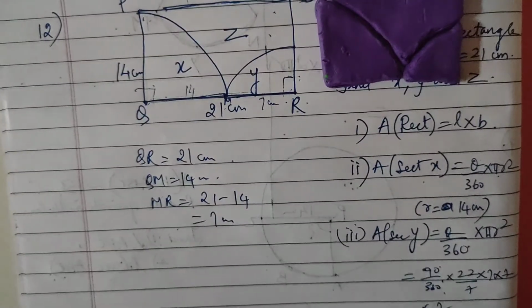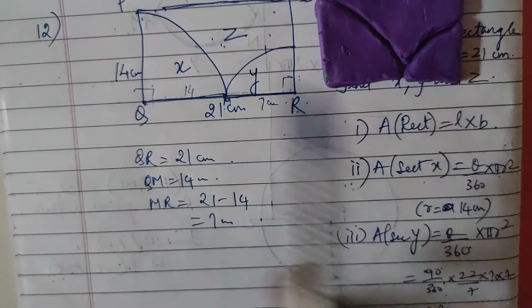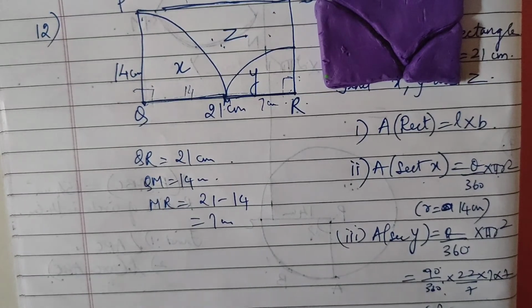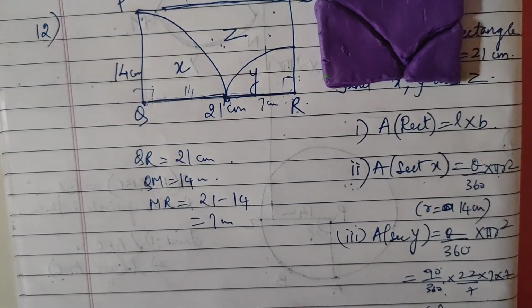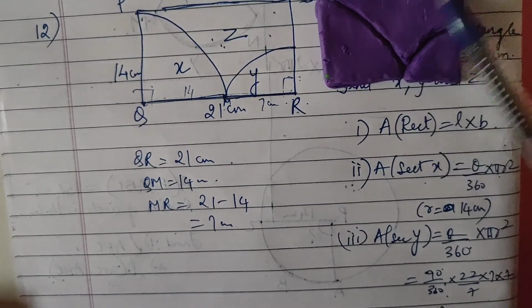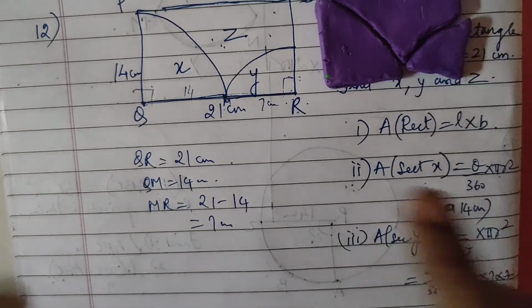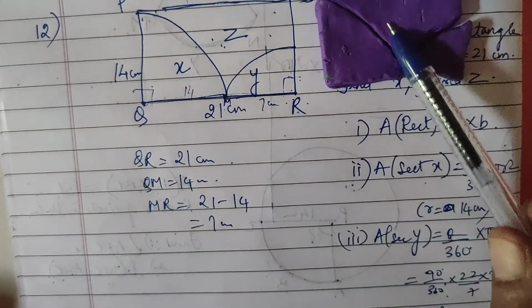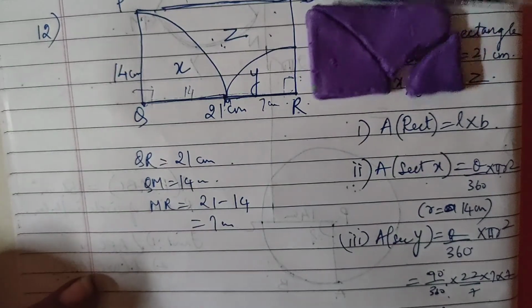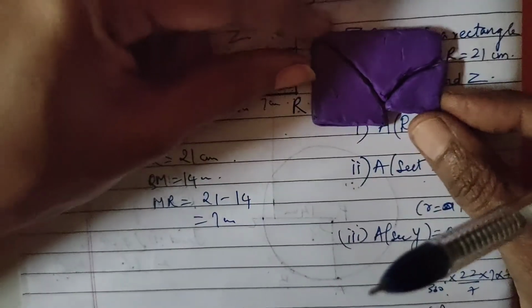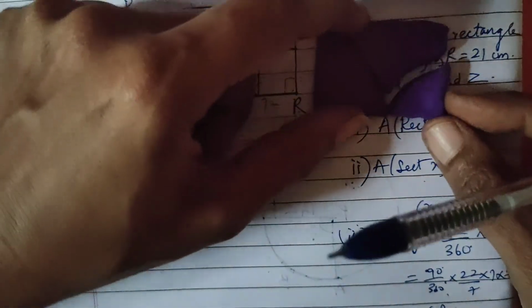But how will we find this Z part? You can see the whole is a rectangle. I repeat, this figure we want to find out. I'll show you very clearly here. Now this is the whole rectangle.